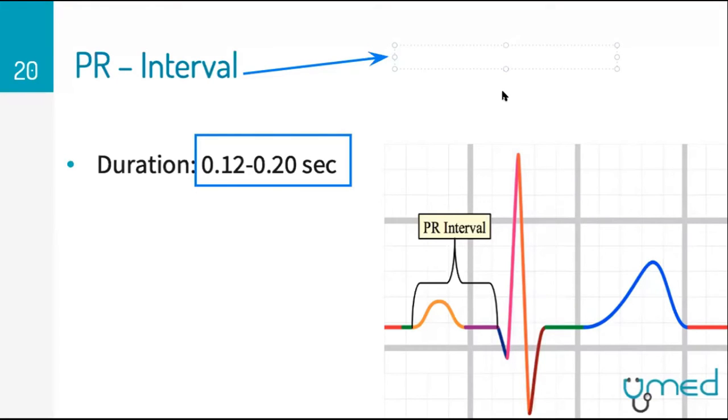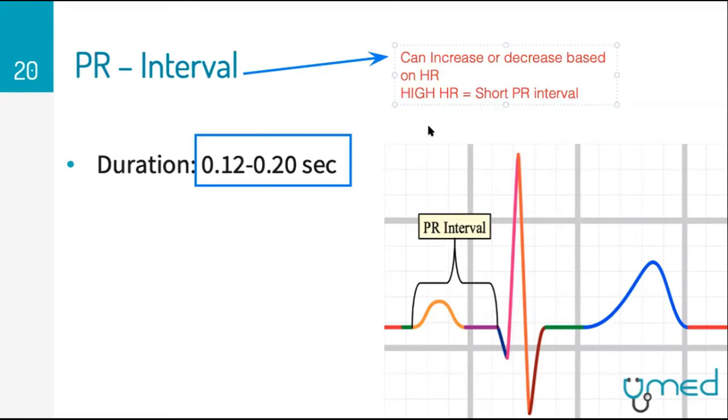So here we have it. The PR interval can actually decrease or increase based on the heart rate, right? So if your heart rate is high, so high heart rate means a short PR interval, which makes sense because remember these little plottings, they're gonna move faster on the ECG if your heart rate is high.